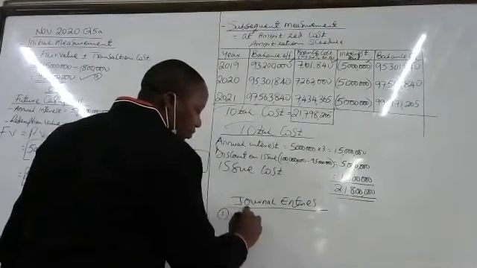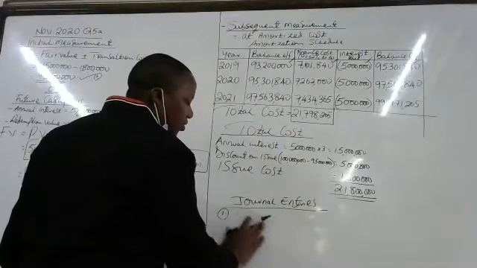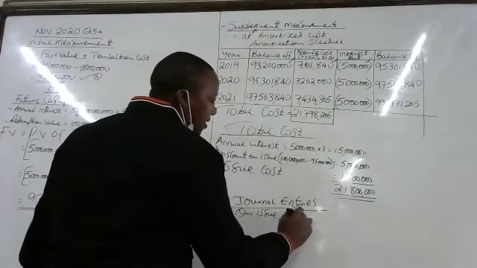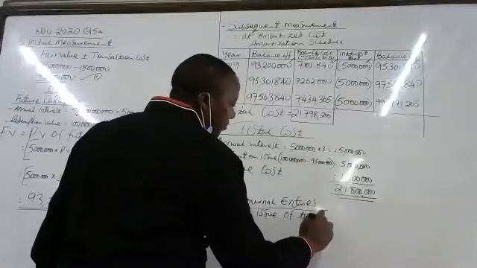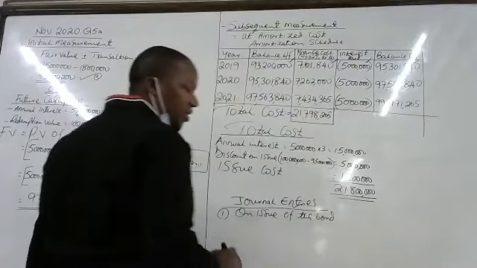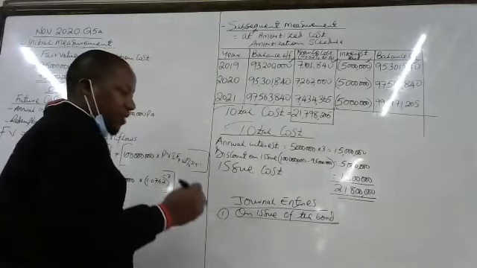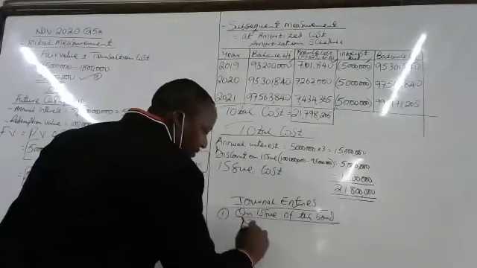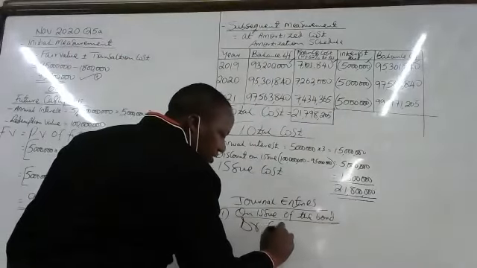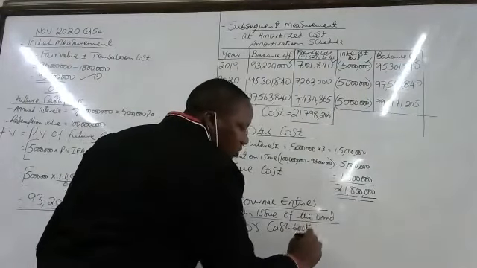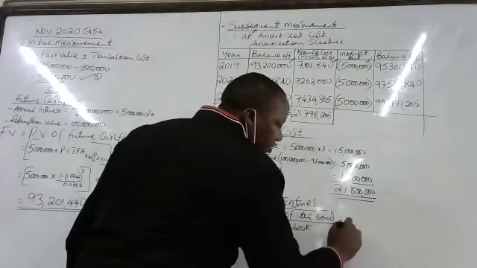So they were supposed to, that is on issue of the bond, they received 95 million. They must have debited cash book with the 95 million.